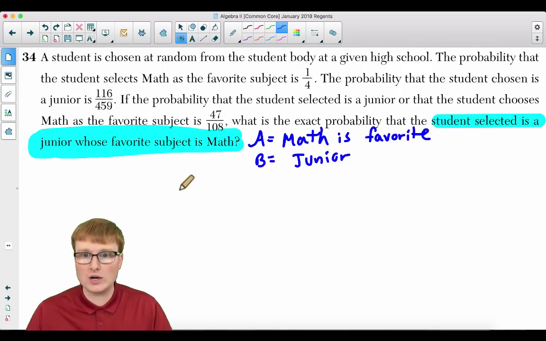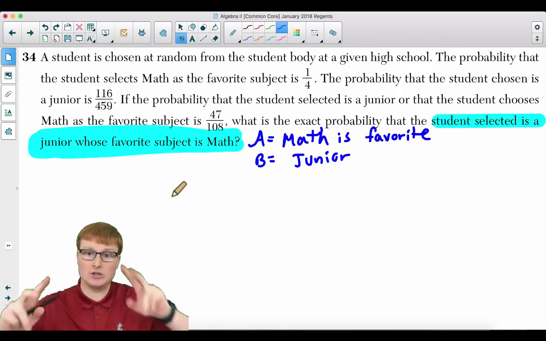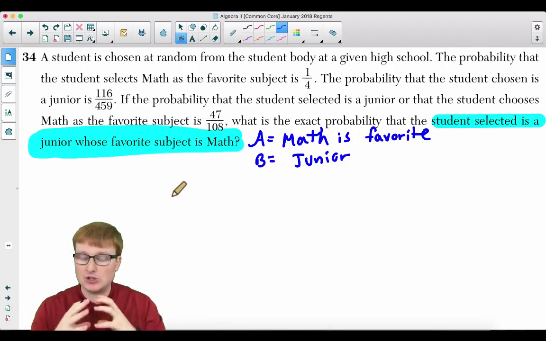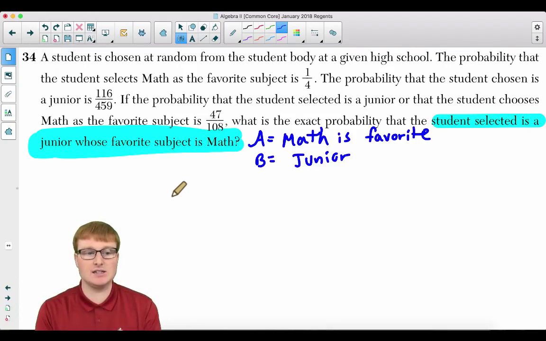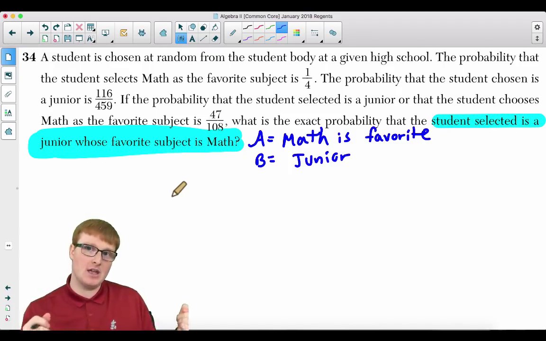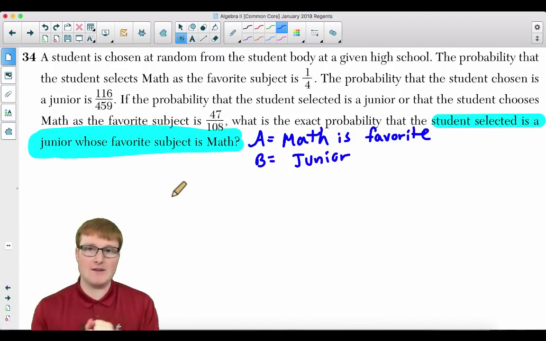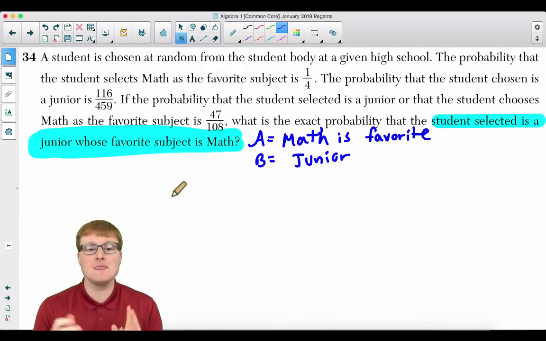When you have or probability, or in other words, if you're trying to find a student selected is a junior who happens to like math, you probably have not learned set notation because they took it out of the Algebra 1 curriculum a while ago, but it's called the union.